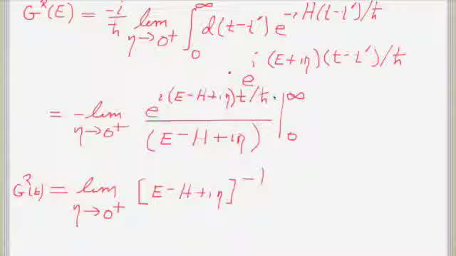So the first thing to do when you see something like this is you ask, where are the poles? So the poles are going to be, if this is energy, the poles are going to lie where E has a small negative imaginary part, this i eta. So let's say this is my 0.